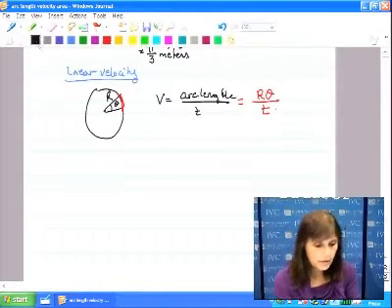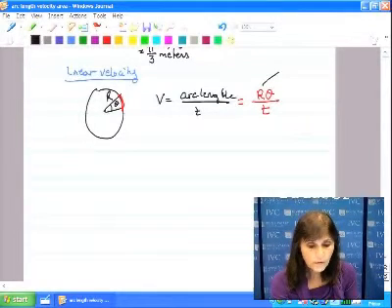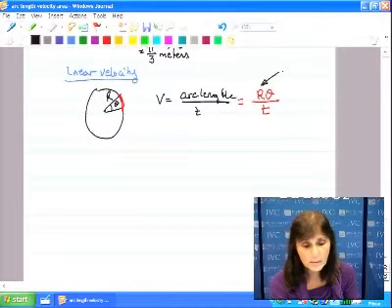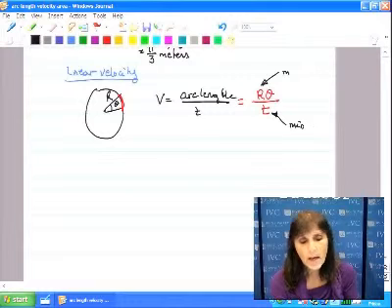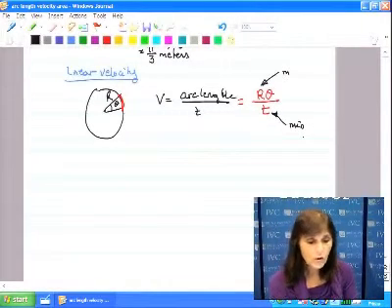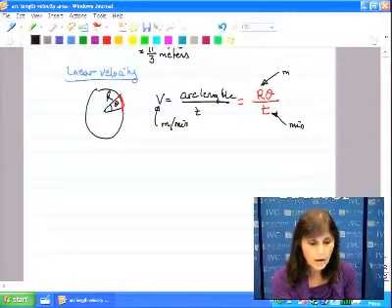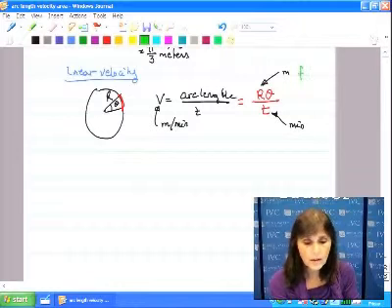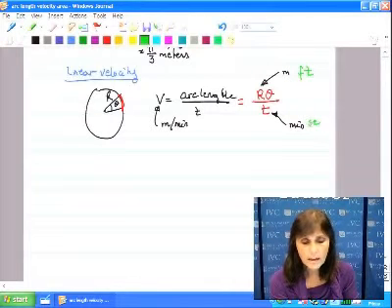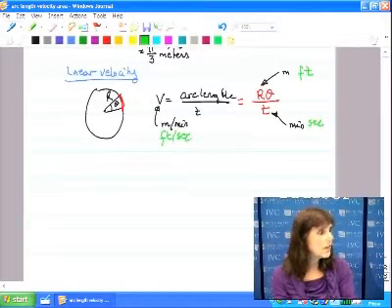In terms of units, if this is in length, let's say meters, and this is minutes, and radians are unitless, your velocity is going to end up meters per minute. And if you have, for example, feet and seconds, your velocity is going to end up with feet per second.